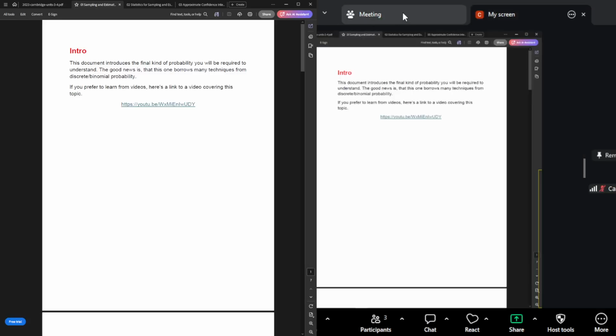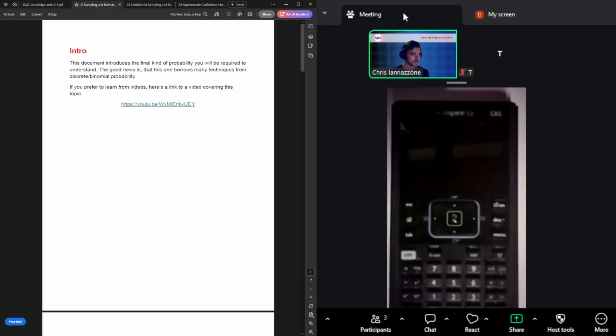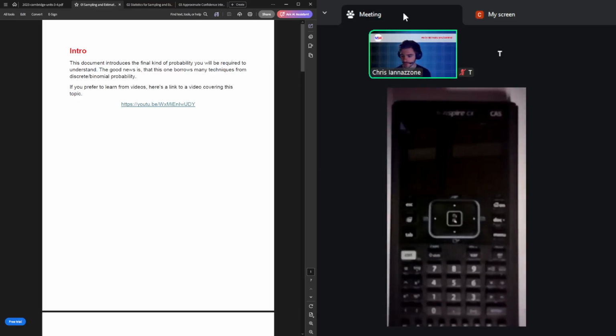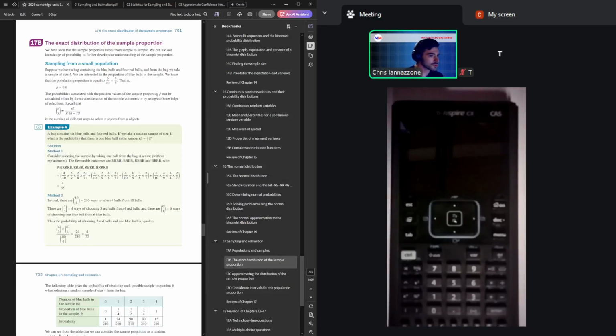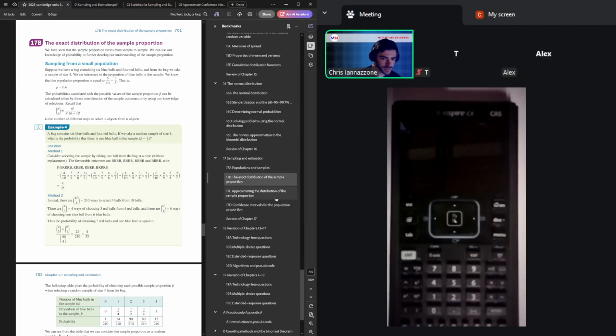Alright, let's run it. The last new topic for Class 2, Unit 3-4, sampling and estimation. We'll go through essentially the entire chapter's worth of stuff. There will not be much that's necessarily new, just sort of recontextualized.